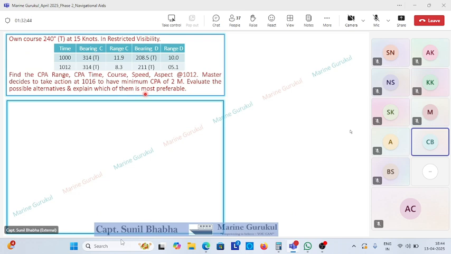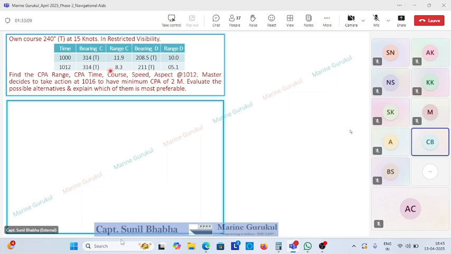Now, some important points from the question. First thing which we notice is that the ship is in a restricted visibility area. So we have Rule number 19 in force. The second thing which we notice is target Charlie has its bearing as 314 at both the observations and the range is reducing.